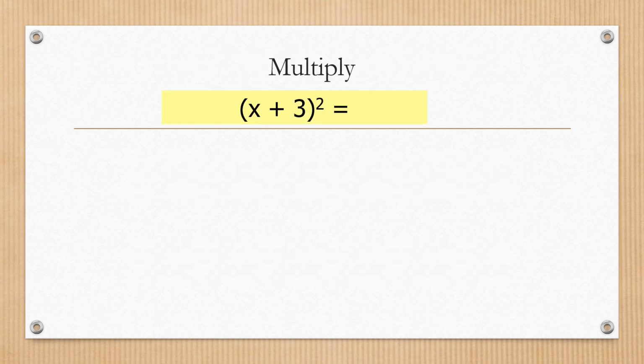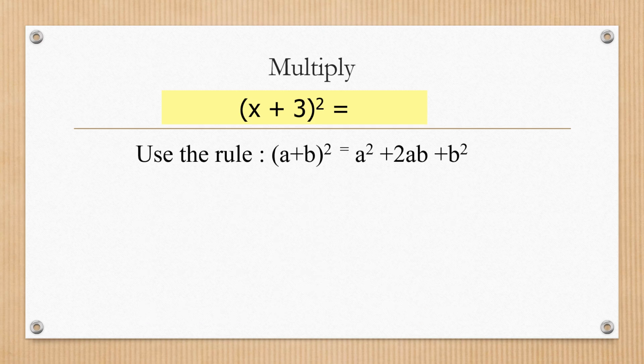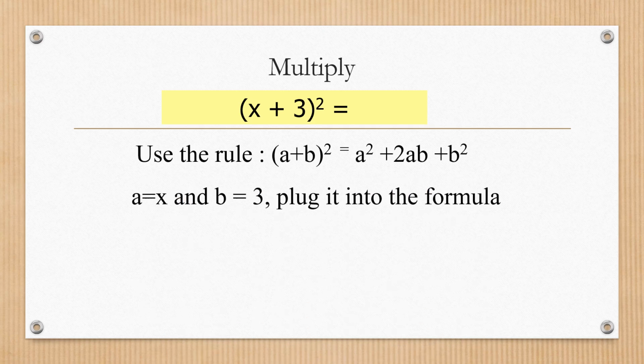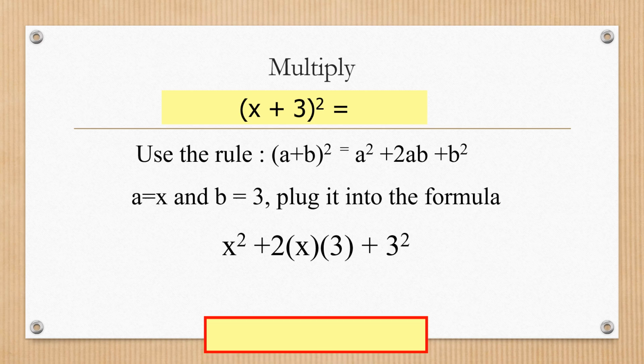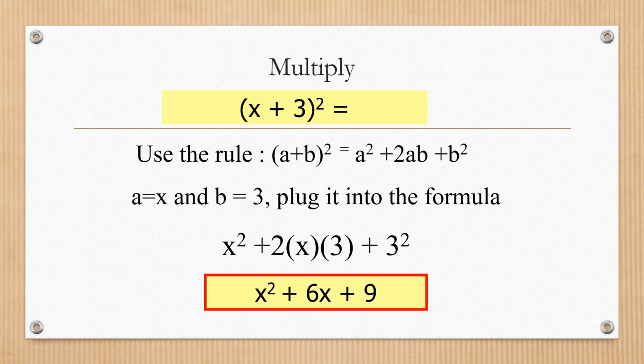Then from the rule, we can use that one. Just plug in a as x and b as 3 into the formula. So we have here x squared plus 2 times x times 3, plus 3 squared.